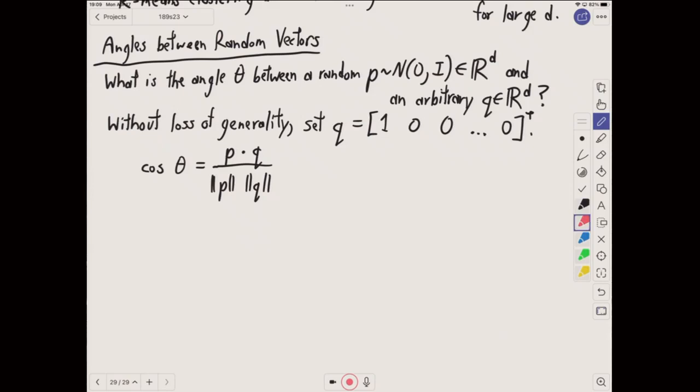So that expression gets particularly simple if you use this arbitrary choice of Q. So now, obviously, the numerator is just P1, the first component of our random vector P. And the length of Q is obviously going to be 1. That leaves us with the length of P on the bottom.